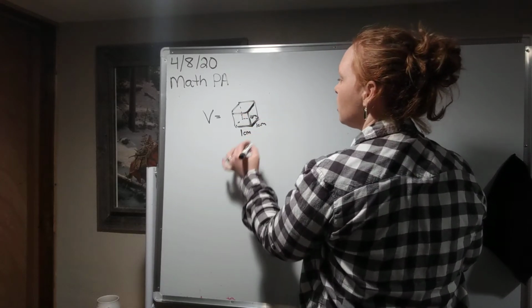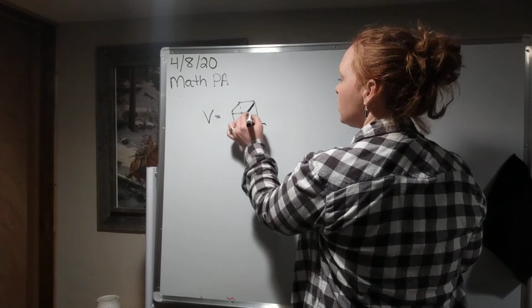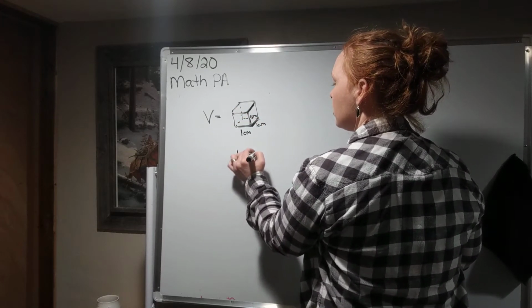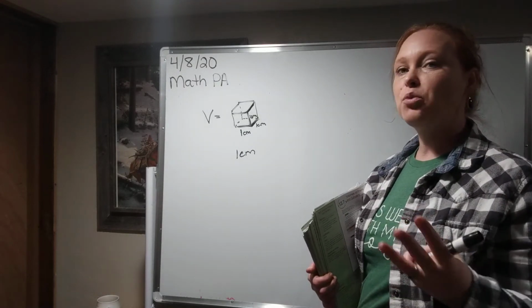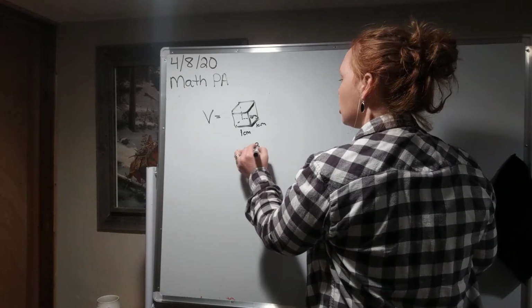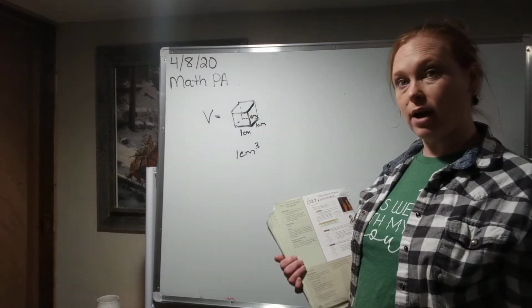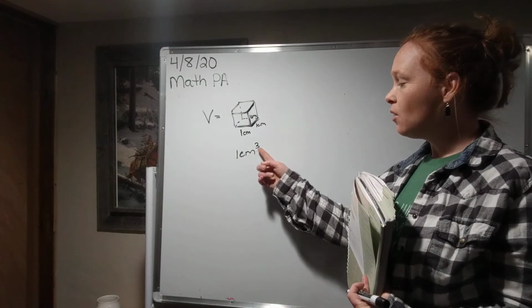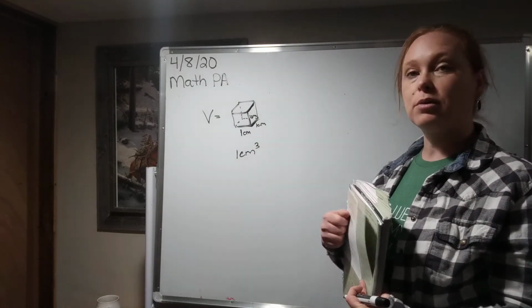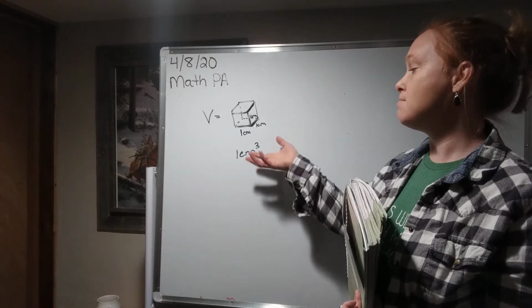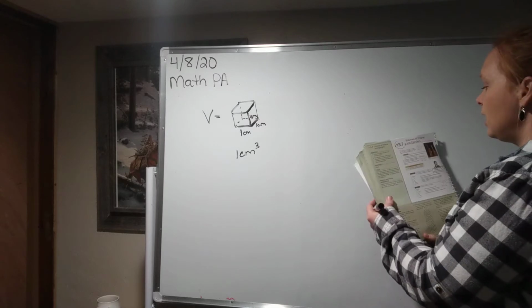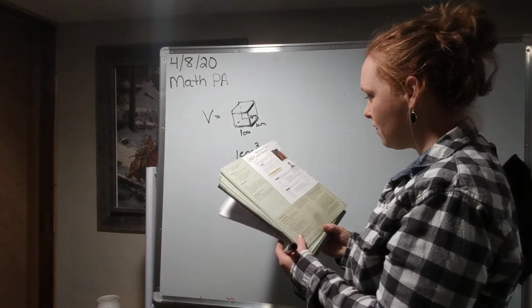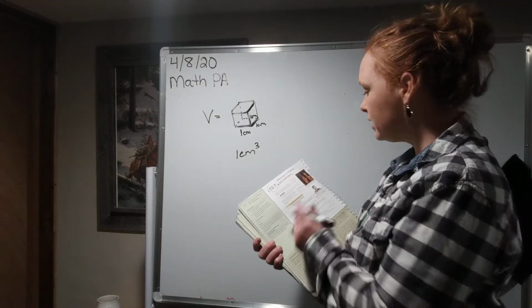Then my volume would be 1 times 1 times 1, 1 centimeter, but this time it's not squared. How many times did I multiply it? 3 times, so we would call it cubed. That's why when we do something to the 3rd power, we call it cubed, because it actually makes a cube in volume.